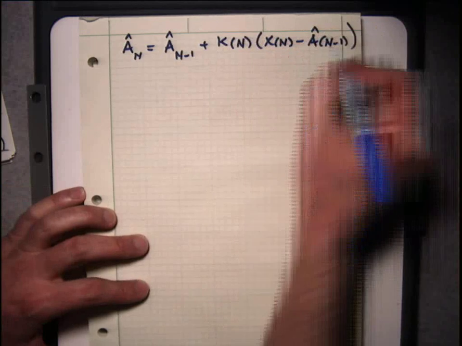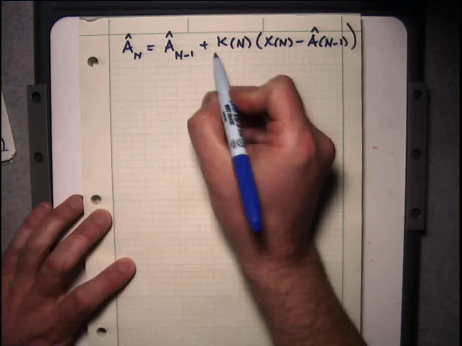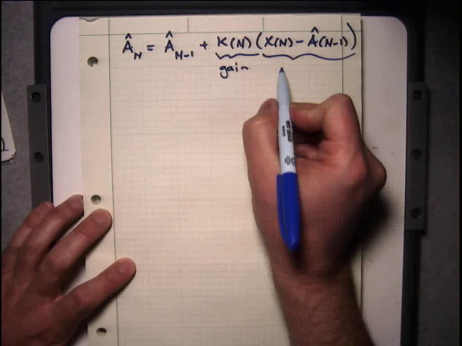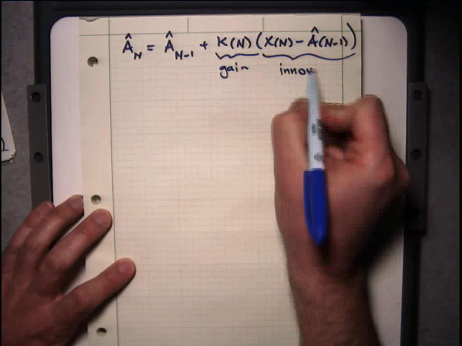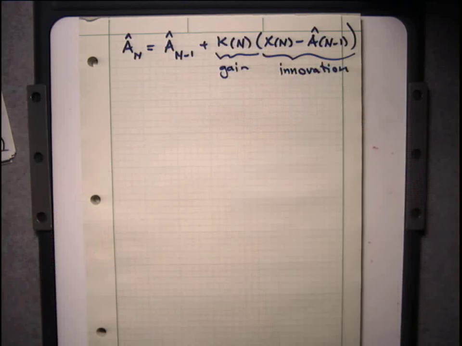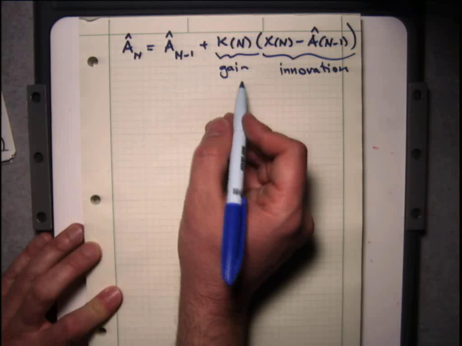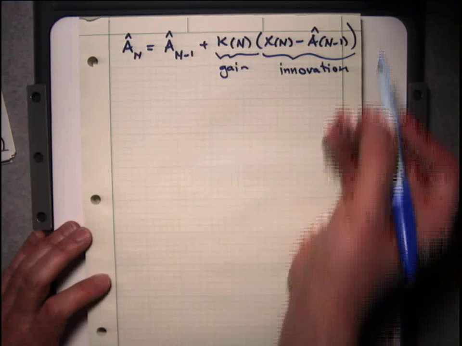This is supposed to be sub n minus 1. Okay, so this we call a gain. This we call the innovation. Another way to call it is the prediction error. Okay, in our case, we just assumed that the noise was zero mean, and this is what we got.